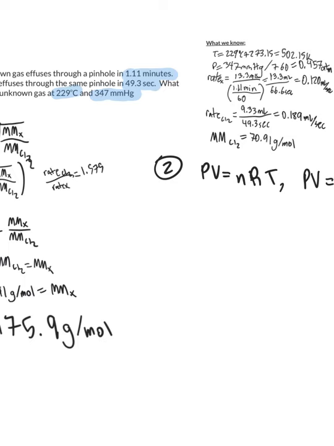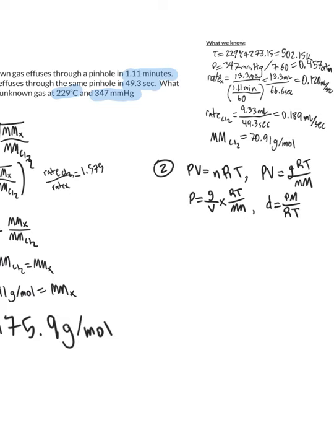So P equals grams over volume times RT over mm, and then to find the density of X, which would be g over V, we have pressure times molar mass over R times T. And now we can solve for the density of X.